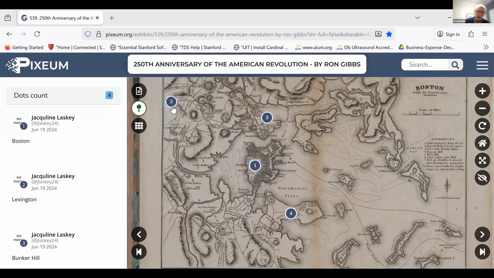That is the road to Lexington and Concord just off this map. On April the 19th, 1775, the American Revolutionary War begins with the shot heard around the world in the villages of Lexington and Concord.